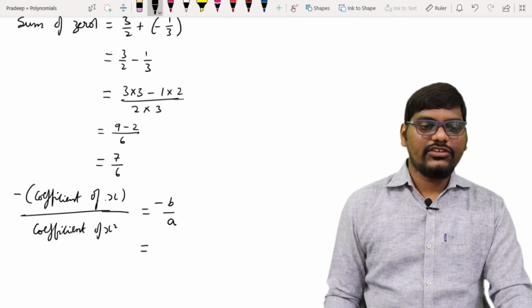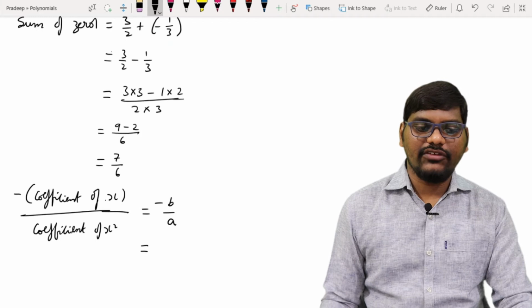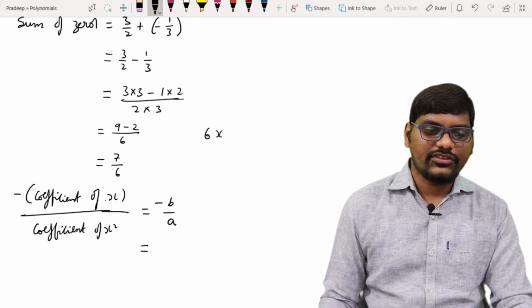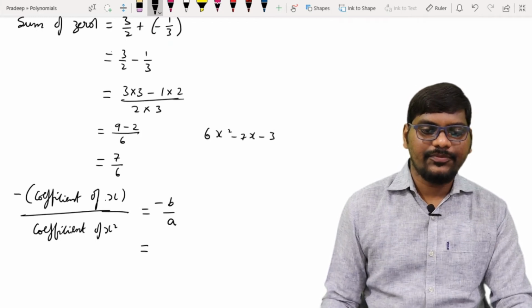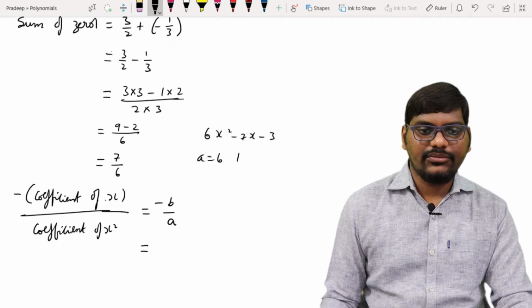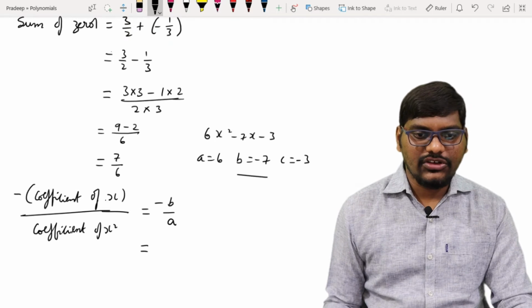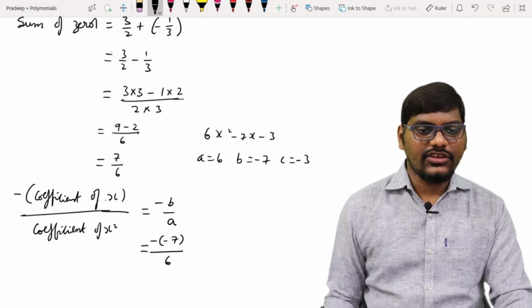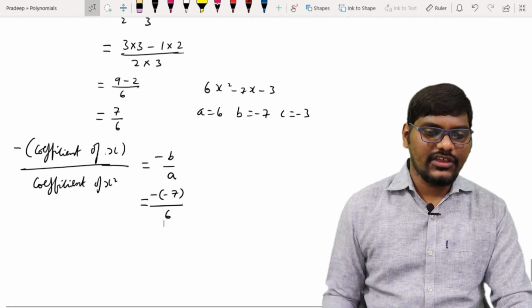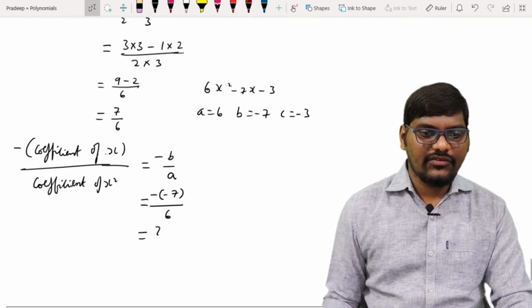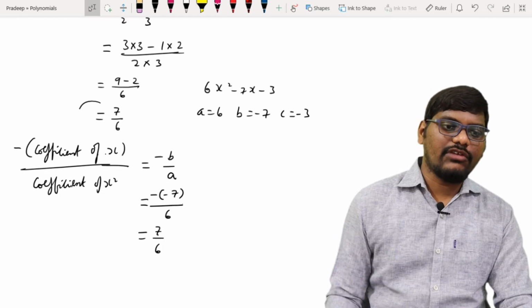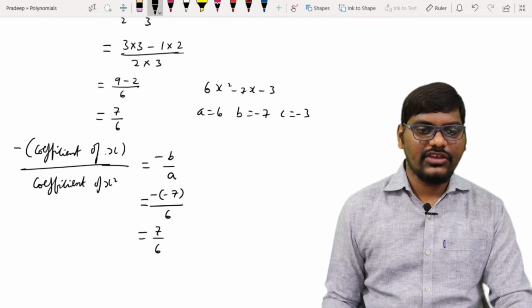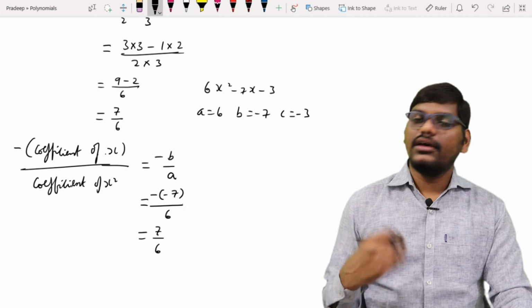If the given equation is 6x square minus 7x minus 3, here a is 6, b is minus 7, c is minus 3. So b is minus 7, and I can write minus of minus 7 by a, which is 6. So minus of minus, we are getting 7 by 6. See, the sum of the zeros, when we directly add, we got 7 by 6. This way also we got 7 by 6.